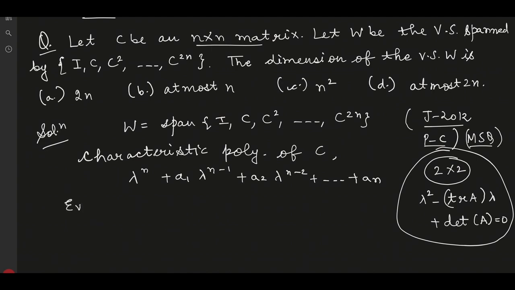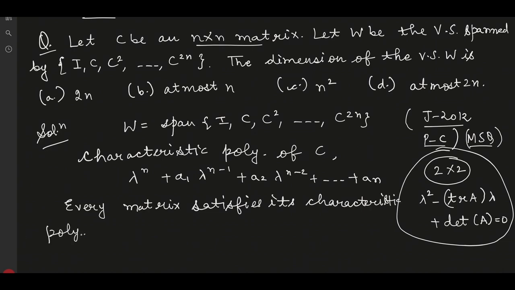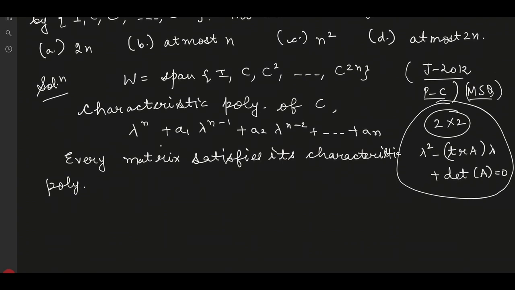So this is characteristic polynomial. We also know that every matrix satisfies its characteristic polynomial by Cayley-Hamilton theorem. Means matrix is C, so it will satisfy this polynomial: C to the power n plus a1 C to the power n minus 1 and so on.